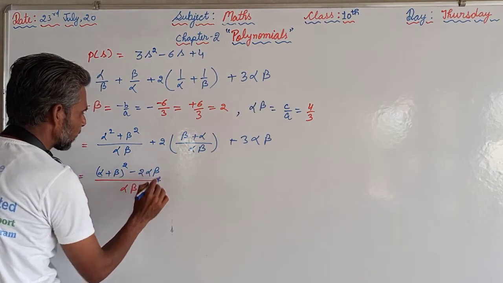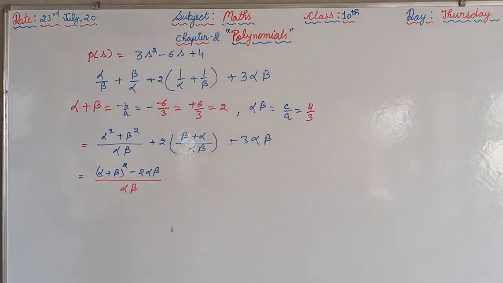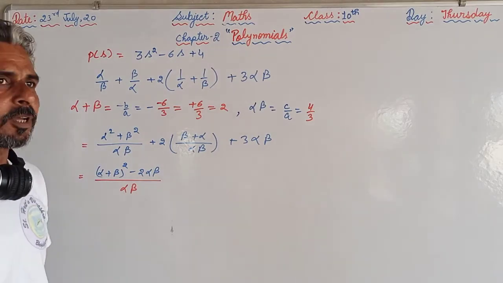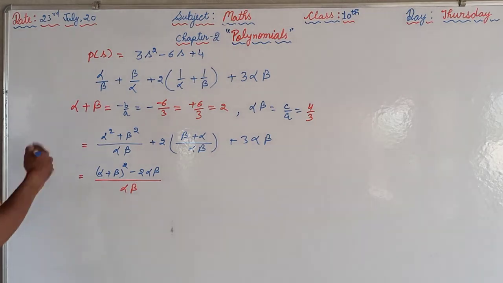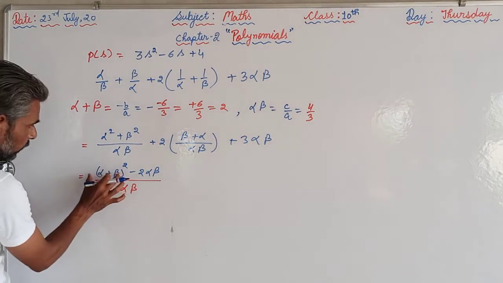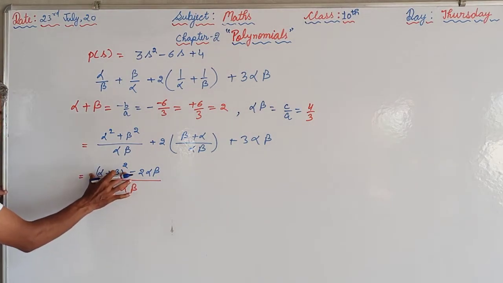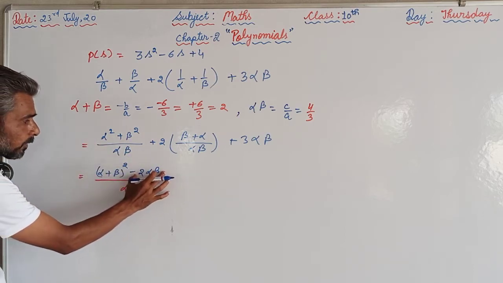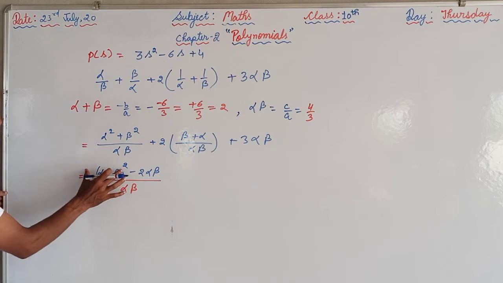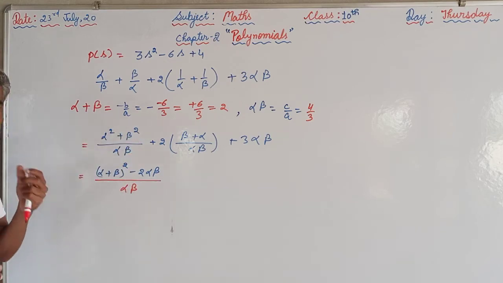We have done this many times. How to substitute alpha square plus beta square? We can substitute like this: alpha plus beta whole square minus 2 alpha beta, because alpha plus beta whole square is alpha square plus beta square plus 2 alpha beta. After opening the bracket, plus 2 alpha beta will be cancelled out by minus 2 alpha beta, and we will remain only with alpha square plus beta square.